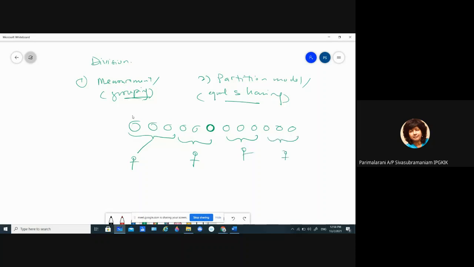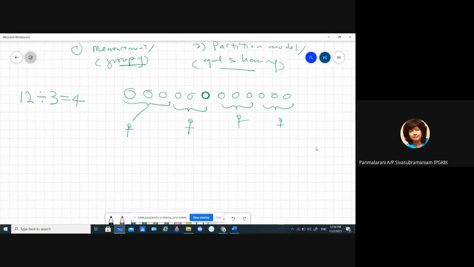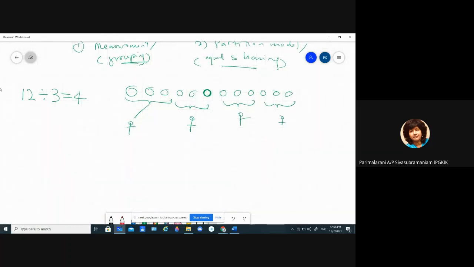So how many children get sweets? 4. So what is the sentence that you want to write here? Altogether there are 12 sweets, you want to give each child 3 sweets, so it's 12 divided by 3 equals 4. If you have a problem like that, you will write the sentence 12 divided by 3 is equal to 4.